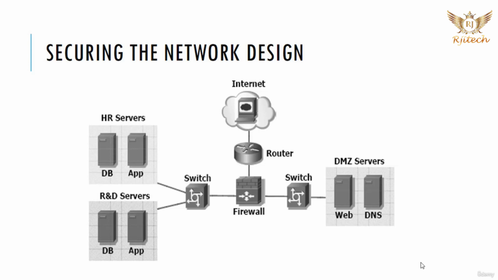Let's explore it and let's demonstrate the things that make it secure point by point. Let's see here that we are dividing the network into some sections. A section that is called the internet, a section on the left that is composed of the servers of the company or the organization that need to be protected the most, a section on the right that is called DMZ, demilitarized zone servers.